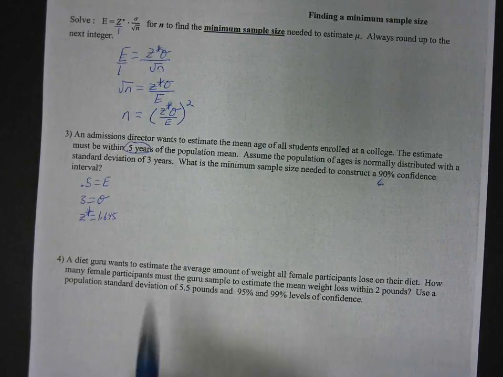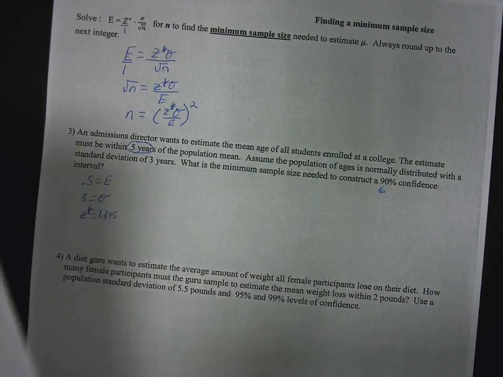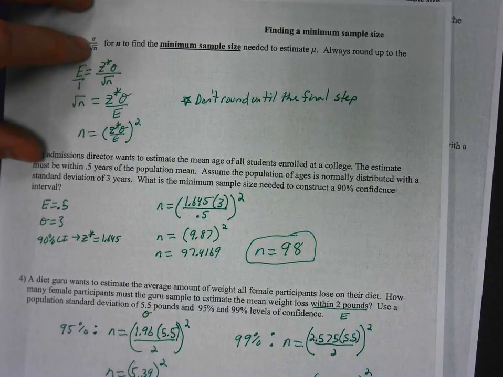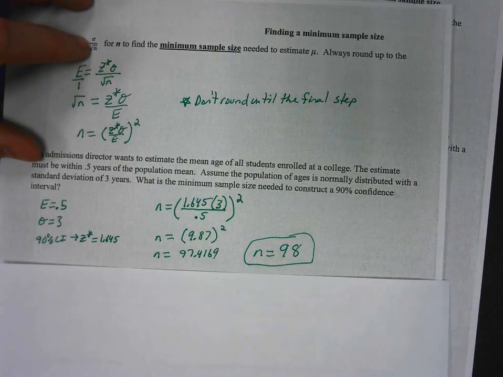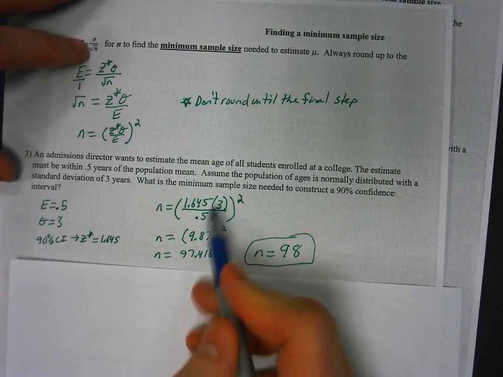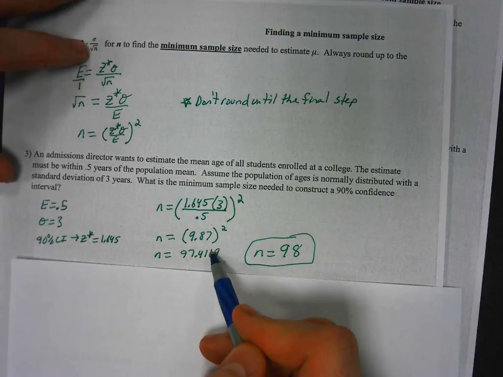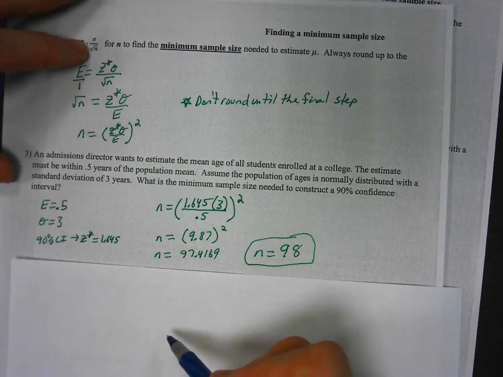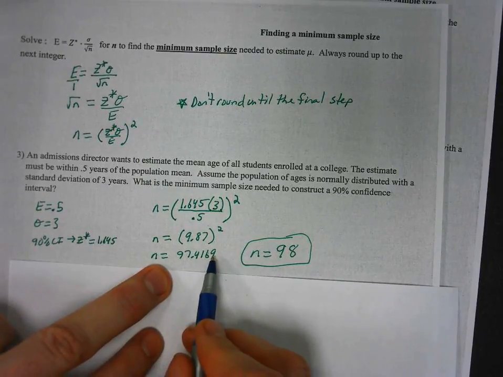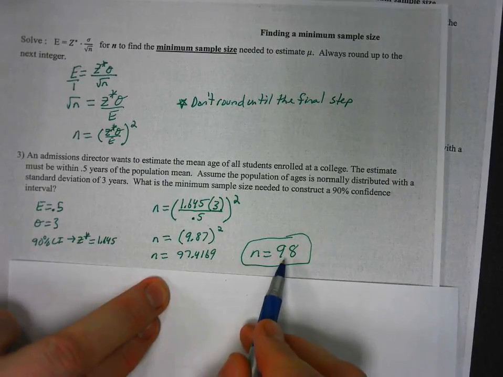Okay, so for the arithmetic on that, just plug those into the formula. And again, I already have that worked out, so I'll show you here. Nothing for me to really explain there other than when you plug these values into your calculator, do not round until the final step. And when you round, you're always going to round up to the next number. So here, when you put those values in, you get 97.4169. And we're always going to round up to the next value, in this case, 98.